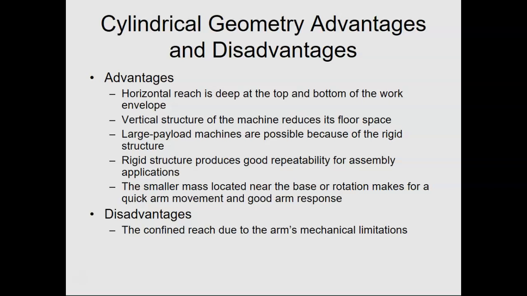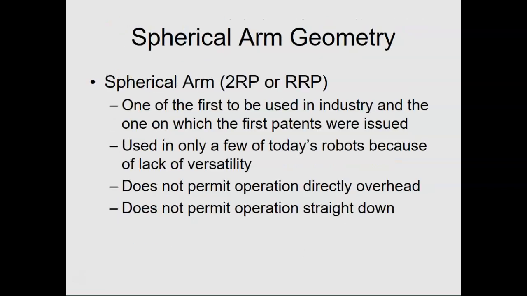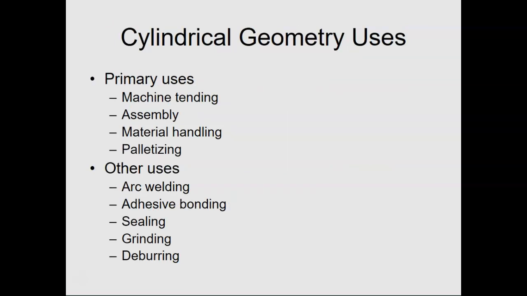It tends to be good repeatability for assembly applications, and you have the ability for quick arm movement and response. However, you do have a confined reach due to the limitations. Since you have it all on one rod, and that rod stands straight up, you don't have the ability to deepen the reach.